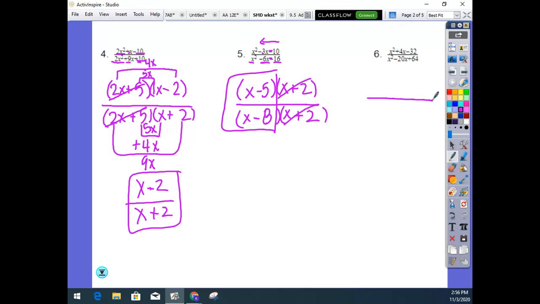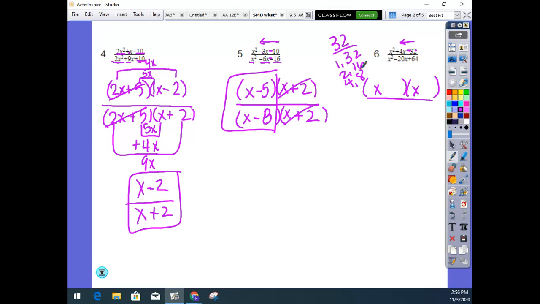No GCF on the top or the bottom. Factors of 32 that subtract to get 4. Now remember, if you get stuck, those are the only factors of 32.